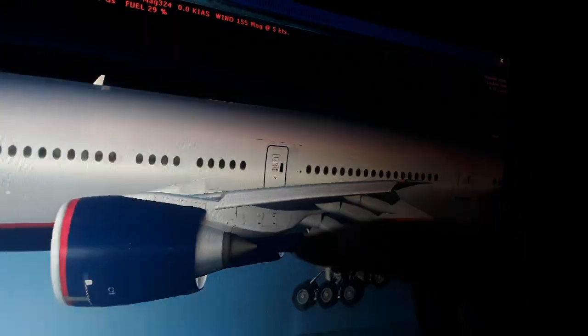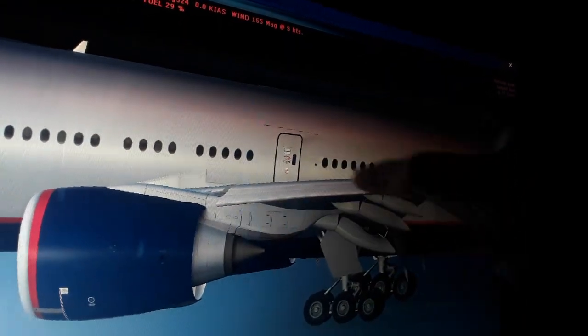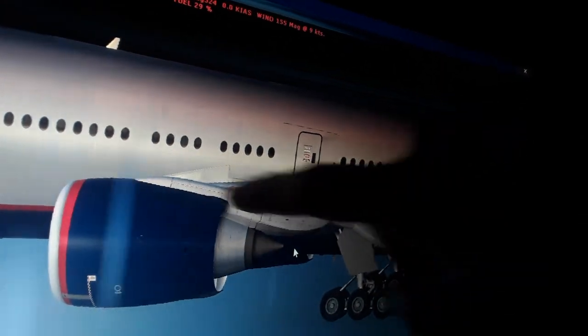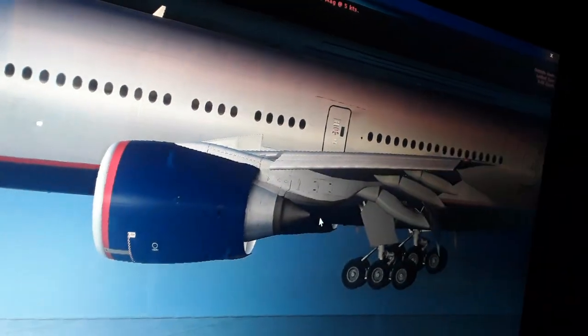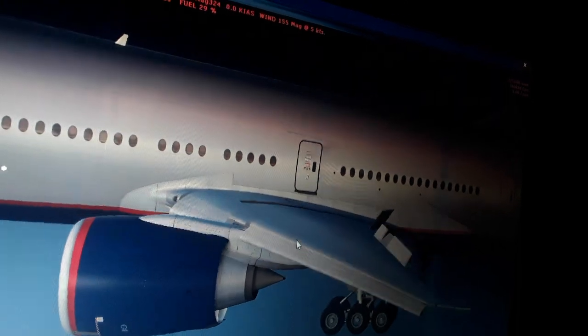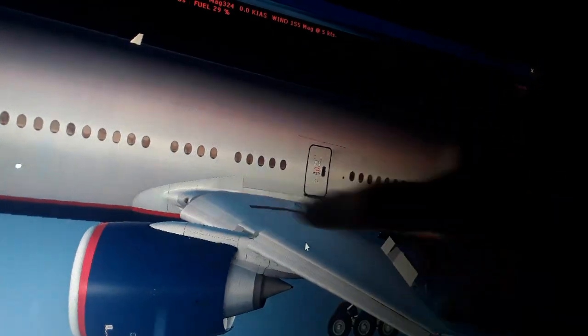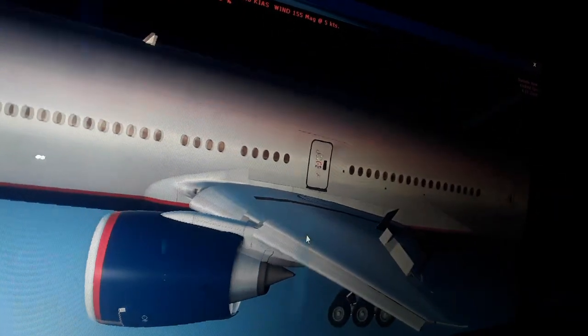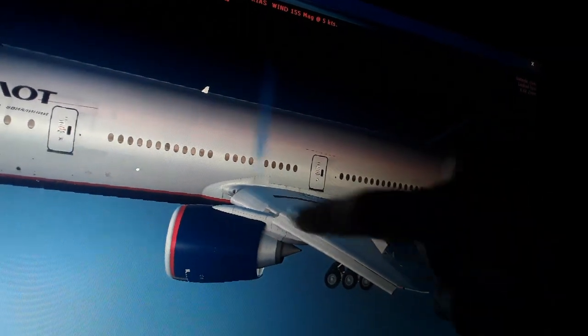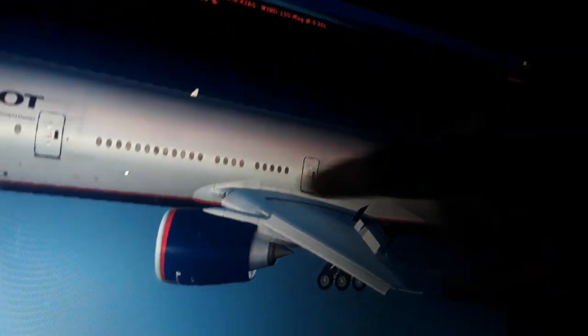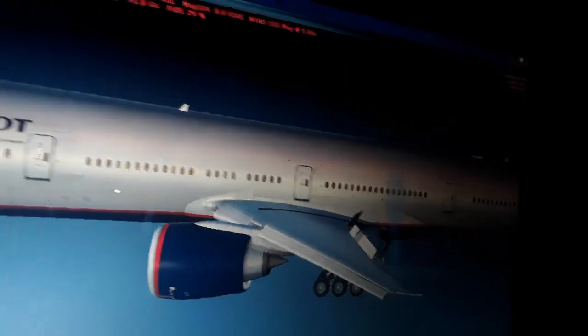You can see the wing surface. The bottom surface is more flat, so the airflow is going to move slower below the wing, while the top surface is more curved. It has higher curvature, so the airflow is going to be faster above the wing. So the air pressure will be lower above the wing.